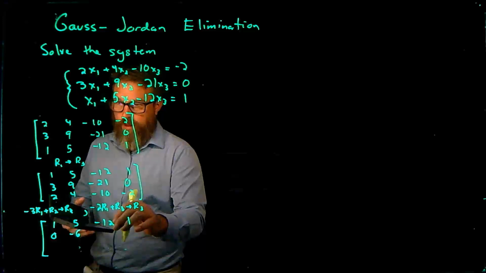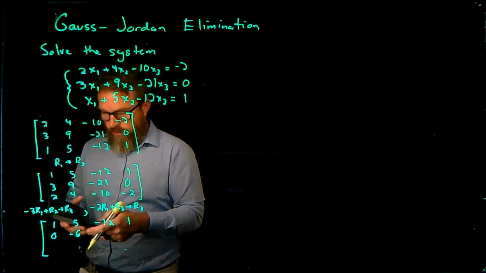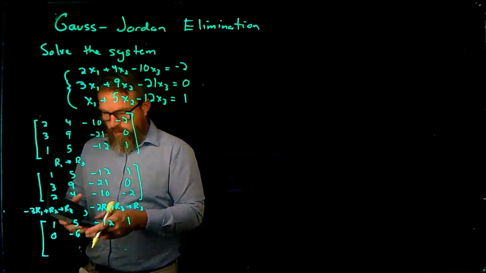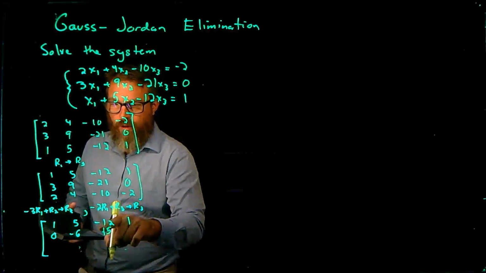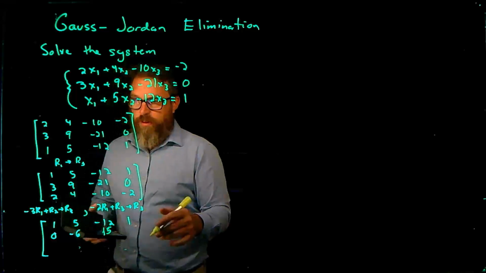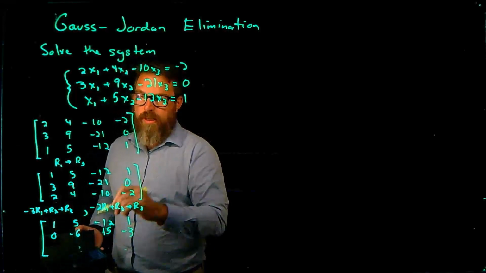Make sure that we're good. Nope, that's a minus 12. Minus 3 times minus 12 minus 21 gives us 15. That's better. You're just kind of hoping for pretty things. All right, so minus 3 times 1 is minus 3 plus 0 is minus 3. So that's that one.